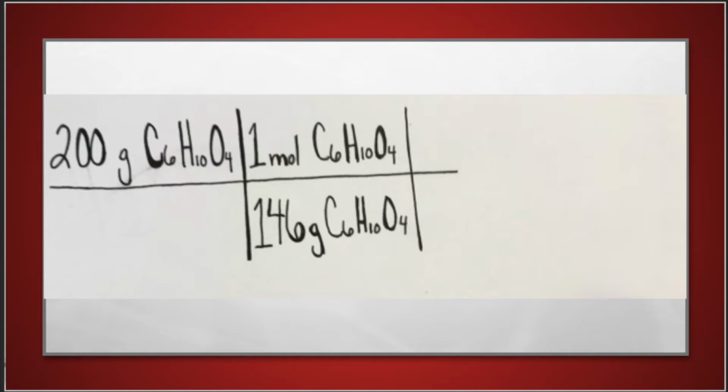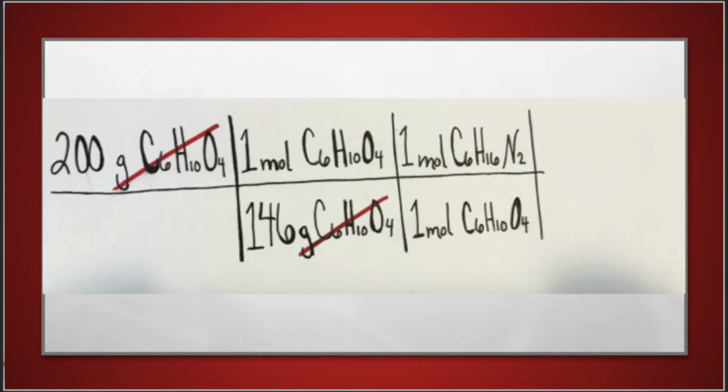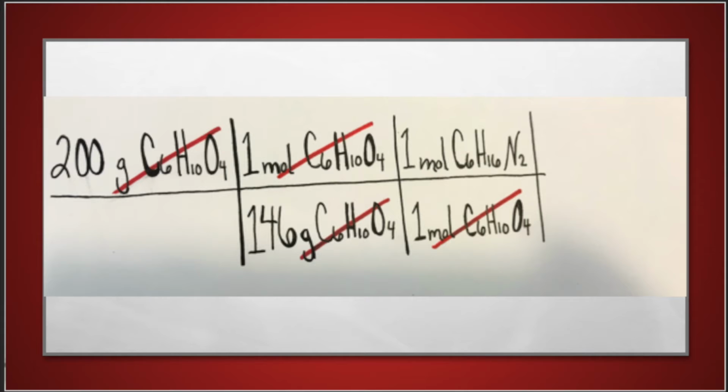We know that for every 1 mole of C6H10O4, there is 146 grams of C6H10O4. That allowed us to cancel out grams of C6H10O4. We also know that there is 1 mole of C6H10O4 for every 1 mole of C6H16N2.